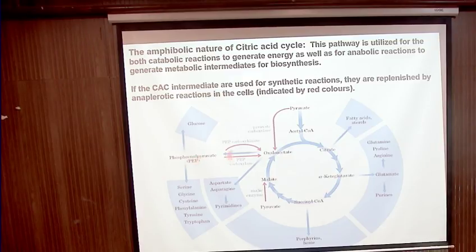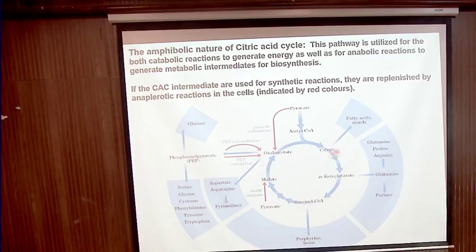Phosphoenol pyruvate, with the help of phosphoenol pyruvate carboxykinase, produces oxaloacetate. This carboxylase enzyme produces oxaloacetate, because this oxaloacetate was probably used for some other pathway.